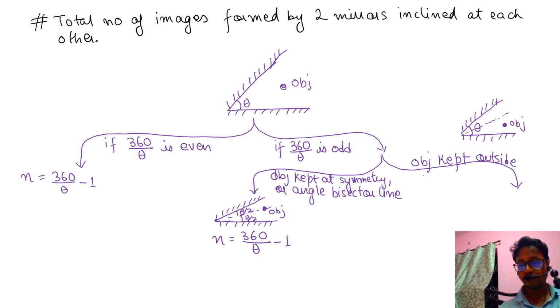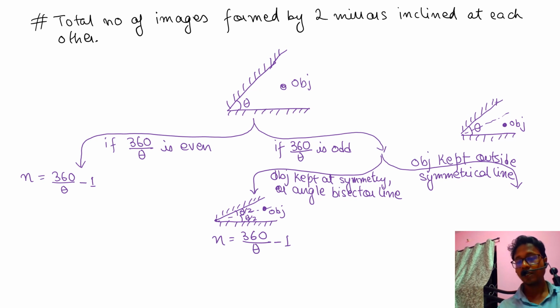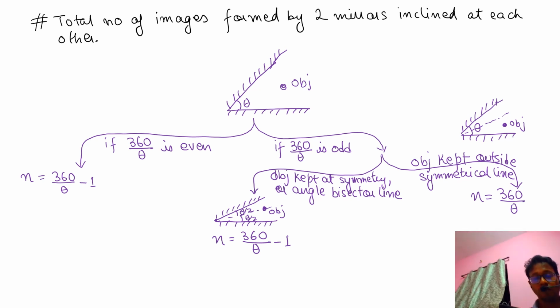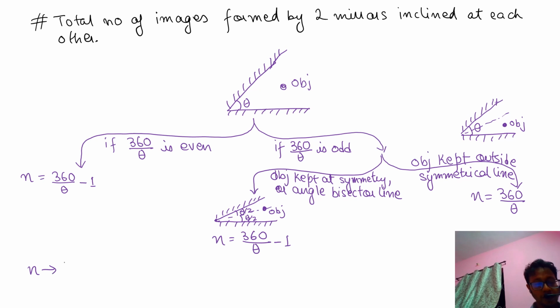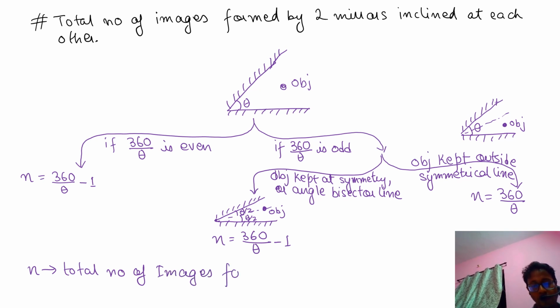Then the total number of images would be 360 by theta, where n is nothing but the total number of images formed.